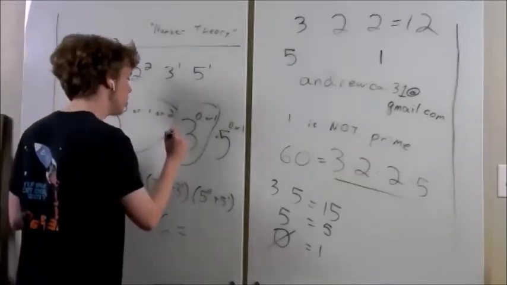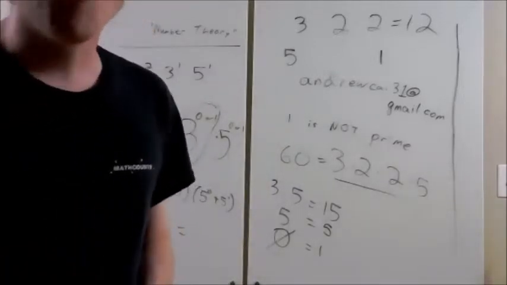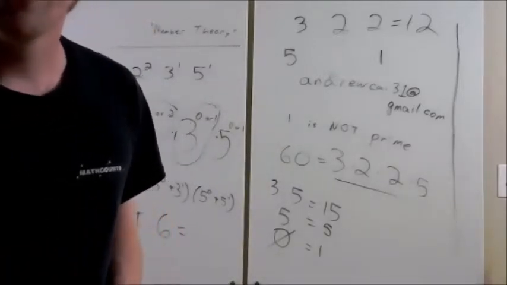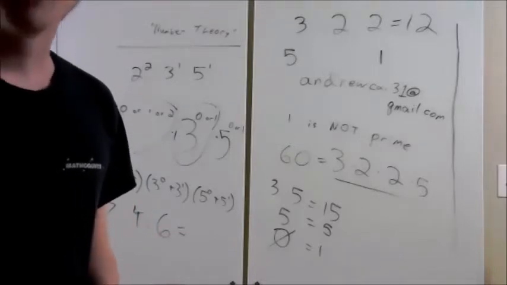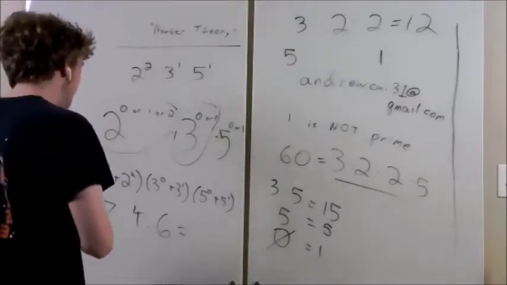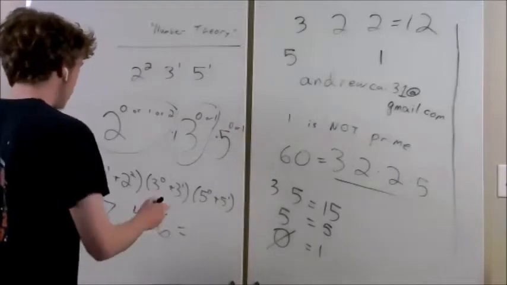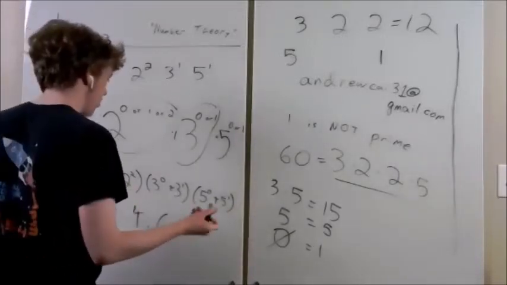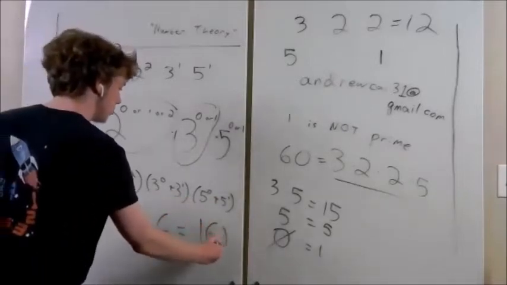You can still follow this lecture. We hope the video of that will be up soon. But anyway, in this case, it's just 7 times 4 times 6, which is 168.